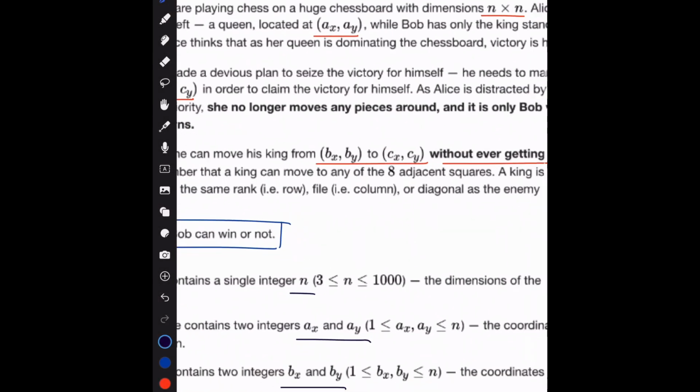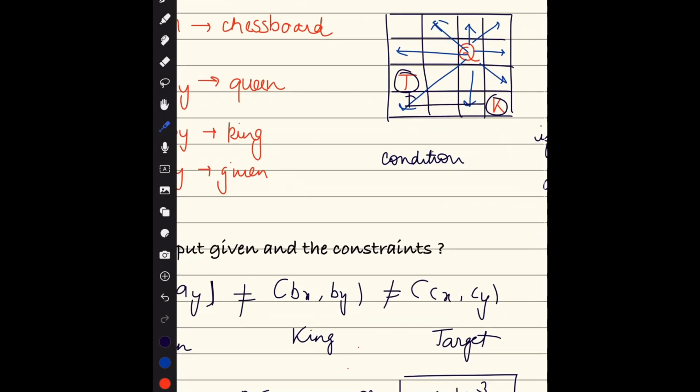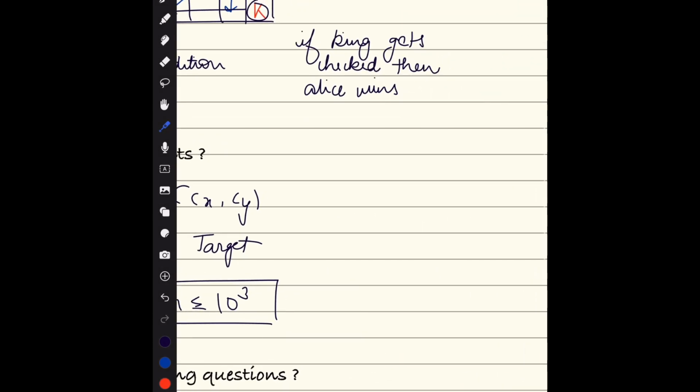Now let's see what the values of ax, ay, bx and by are. They all lie within the constraints of n. So if I look at all of ax, ay, bx, by, cx, cy, they are all at most n.